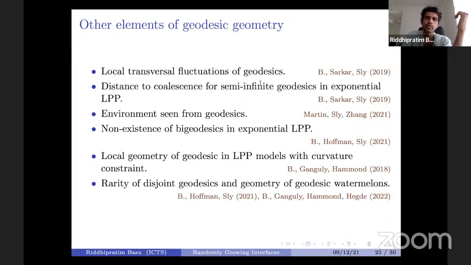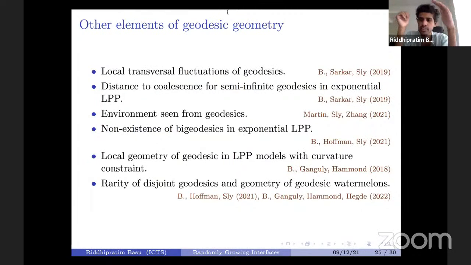For example, if you have geodesics starting at different points but going in the same direction, you can estimate how long it takes for them to merge. You can ask, in a certain patch of space, how likely it is that there are many disjoint geodesics.